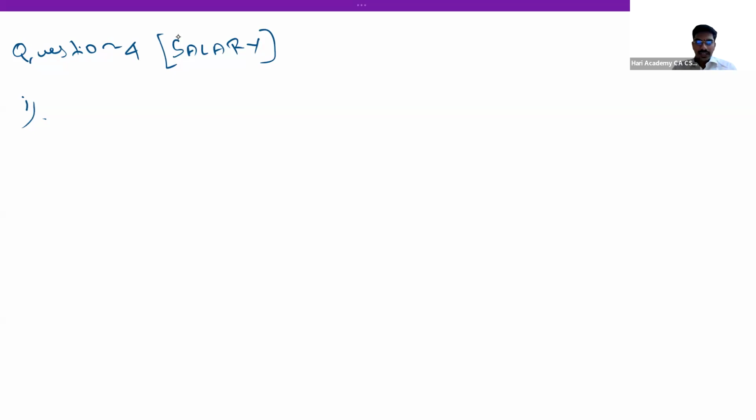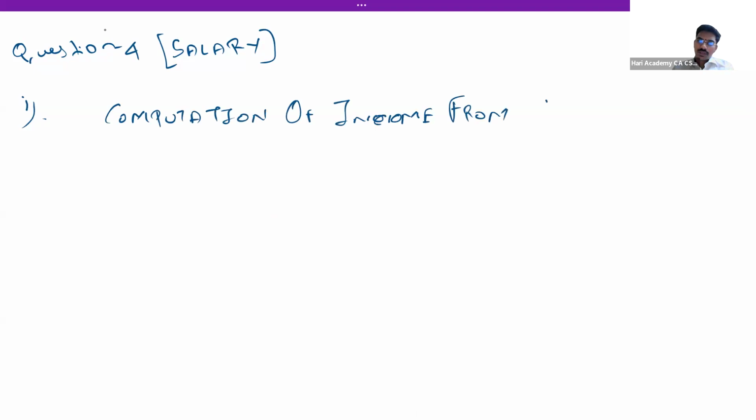So now let us start working on the question. So we have to find the total income, computation of income from salary. Income from salary.